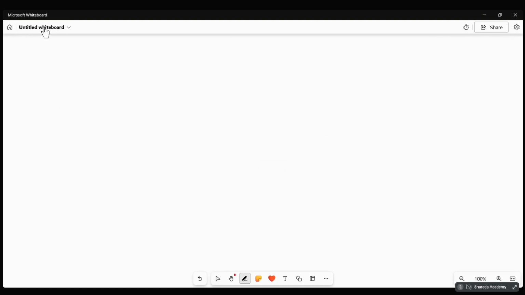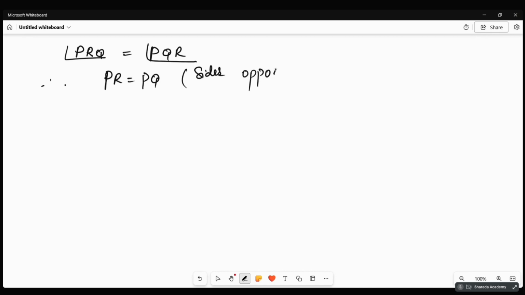So we have got angle PRQ is equal to angle PQR. These two angles are equal. Now therefore, we have PR is equal to PQ. What is the reason here? The sides opposite to equal angles in a triangle are equal.